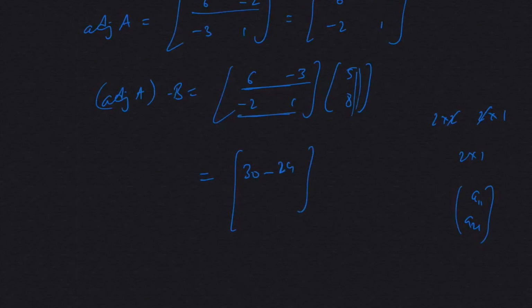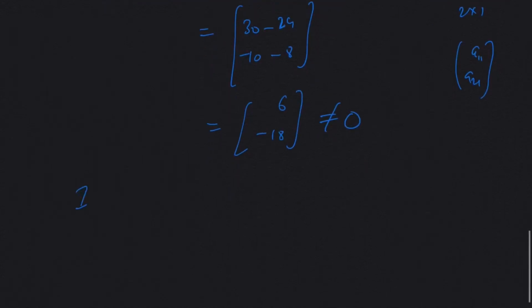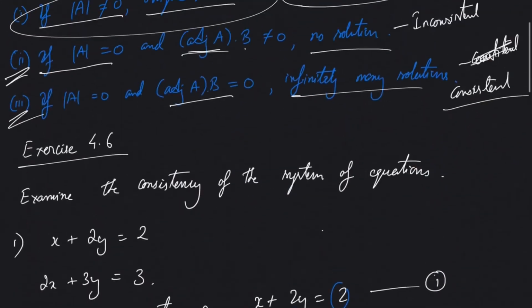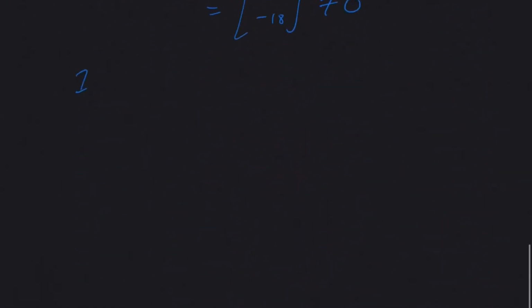Second row, first column: minus 2 fives are minus 10 plus 8, giving minus 2. So we have the matrix 6, minus 2. Definitely this is not equal to a zero matrix. So if it is not equal to a zero matrix, this will be the second case.